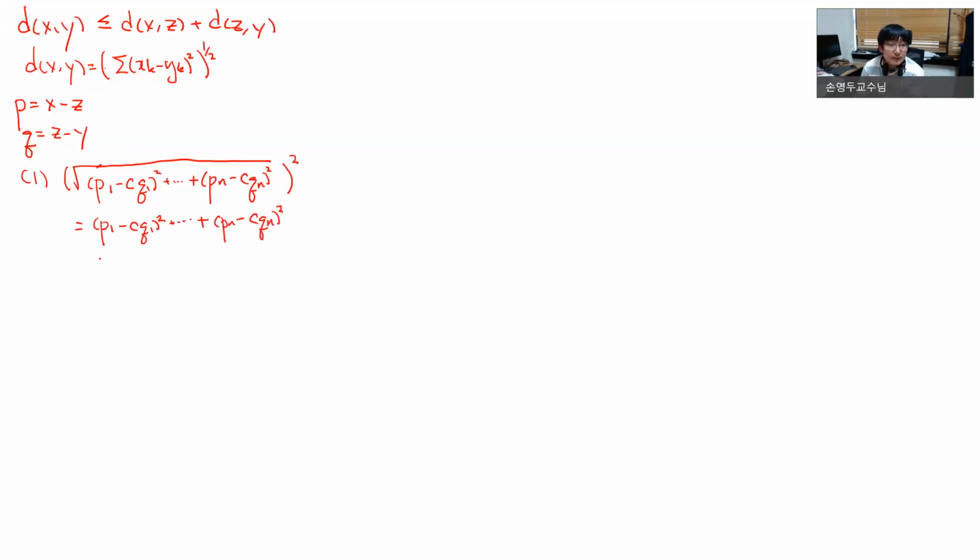And if we expand all of them, then we can find that p1 squared plus ... plus pn squared minus 2c times (p1 q1 plus p2 q2 plus and so on plus pn qn) plus c squared times (q1 squared plus ... plus qn squared). Okay, and we know this one is always greater than or equal to 0 because this value is the square of a value.